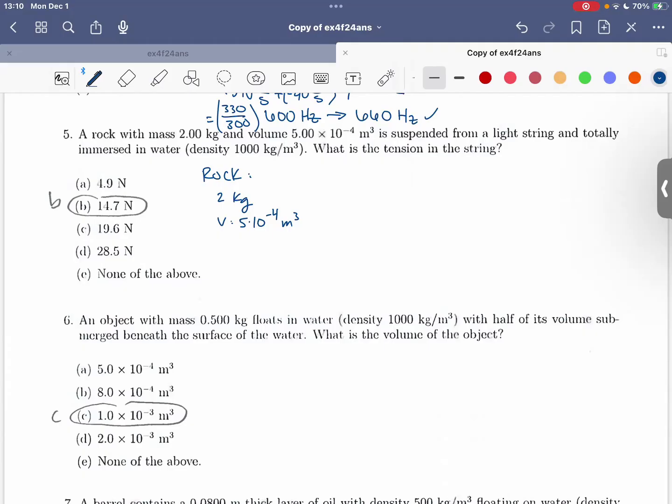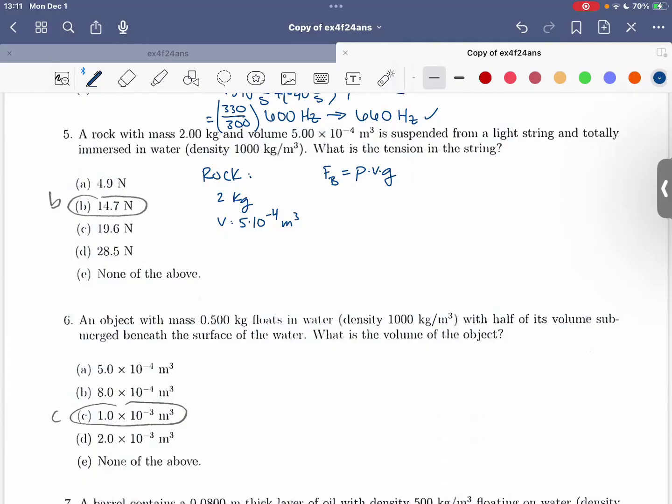What is the tension in the string? Okay, so we're just going to take the volume displaced, and the weight of the water of that volume is going to be the buoyant force, right? So we'll take force buoyant is equal to density times volume times gravity.